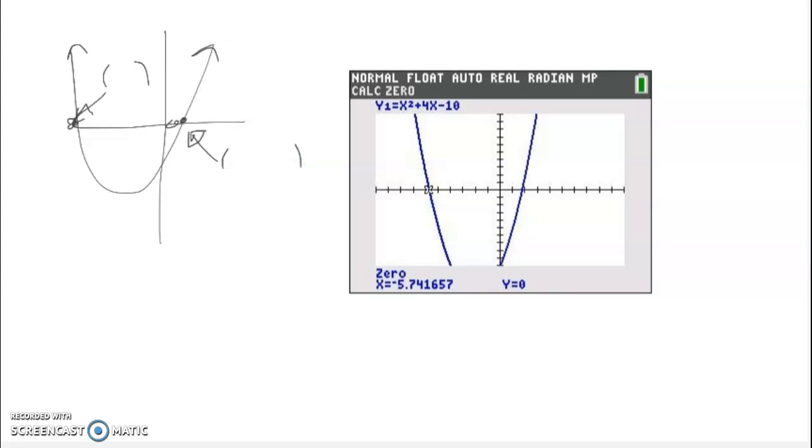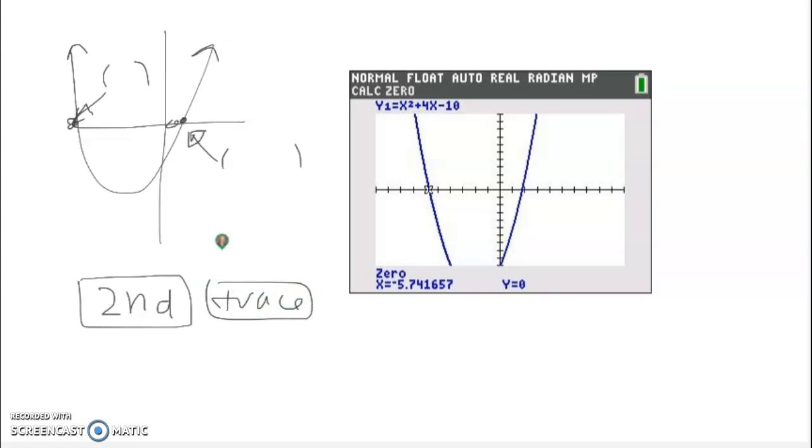As a reminder, once you have it graphed, you're going to do second and then the trace button, which is actually calc, now that you've hit the second button, and you are trying to calculate these zeros. Now there are two, so you have to pick which one you want to start with first. I'm going to start with this one on the left.